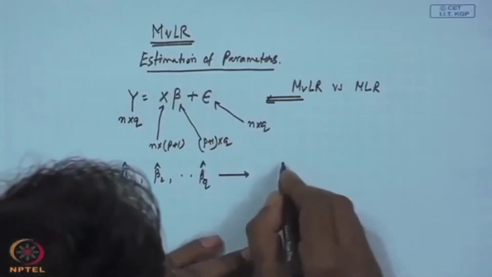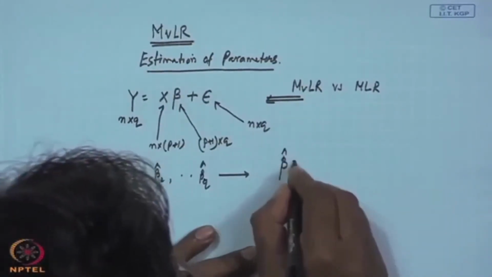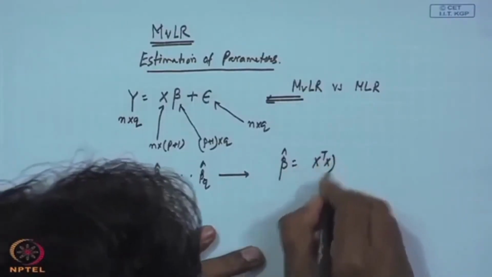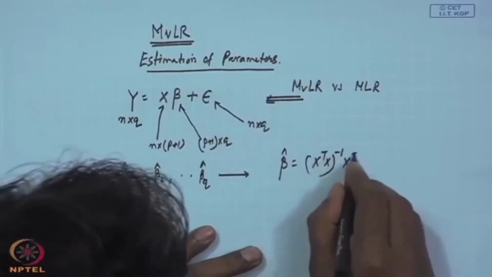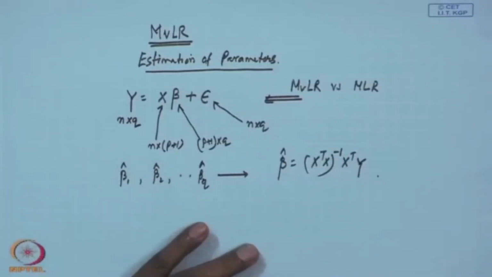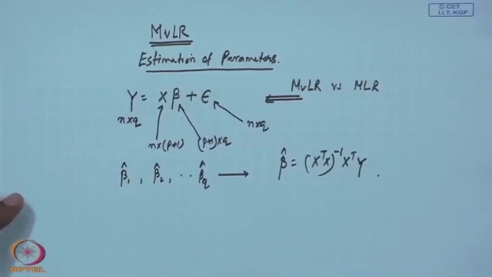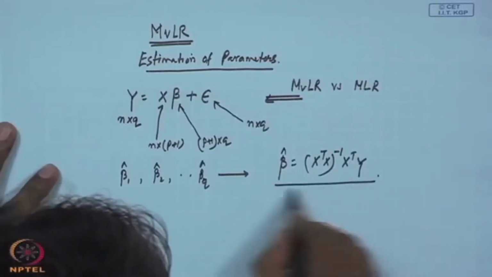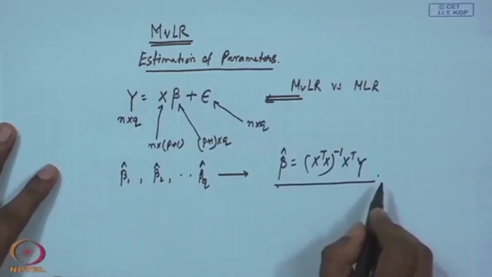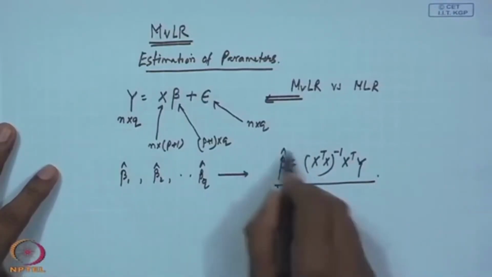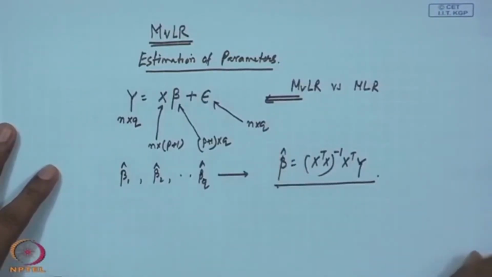The formulation remains the same. Beta cap is X transpose X inverse X transpose Y. So now we will discuss with an example how we can estimate this beta cap.